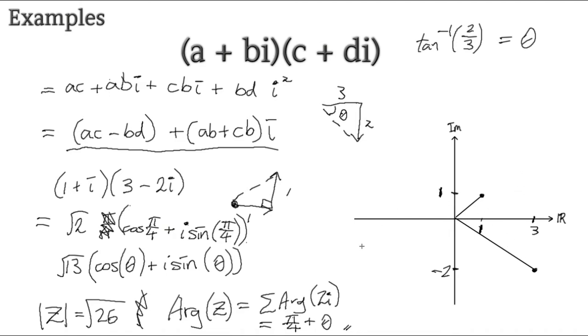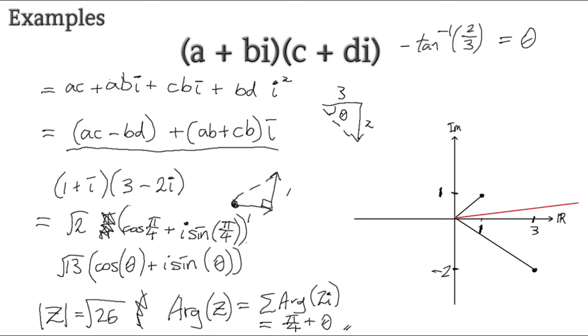So we have a negative value of theta in this scenario, and so the sum will be pi on 4 take away arctan of 2/3, which should give us something in the positive quadrant, although it's probably going to be quite small.